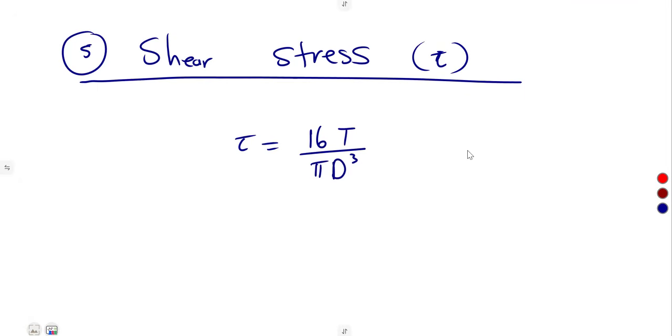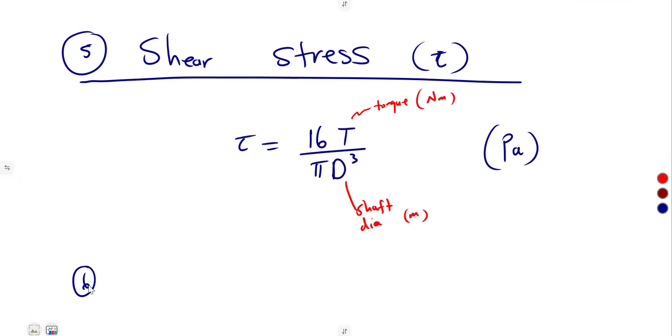So you must know this formula, and our tau is measured in what? In pascals. So nothing here, still the same torque as we had before in Newton meters. It is still the shaft diameter that we had before, which is in what? Which is in meters. All right.